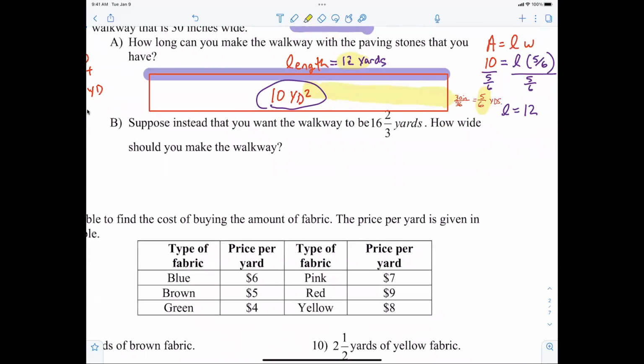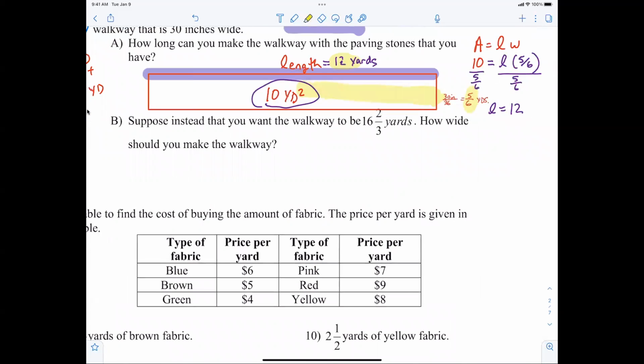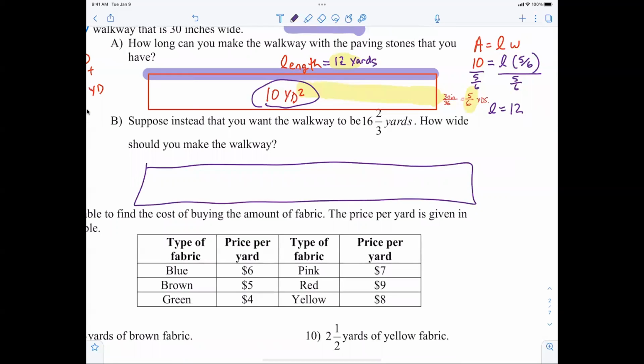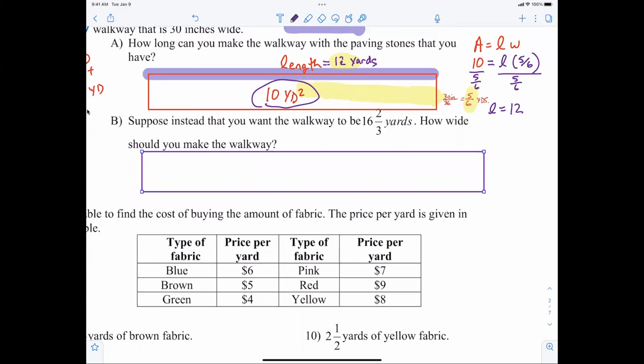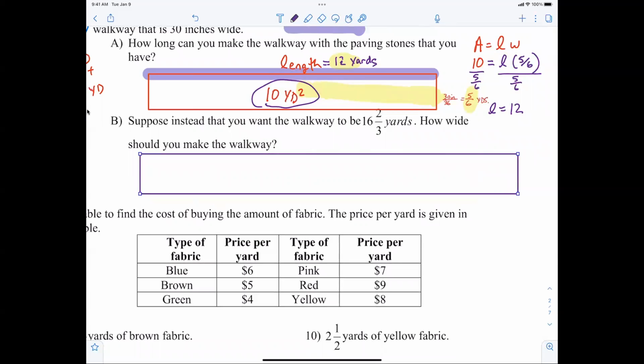All right. Now, let's see how much I've taught you. Suppose now I measured and my walkway, instead of being, come on. Here we go. Here's my new walkway, though.